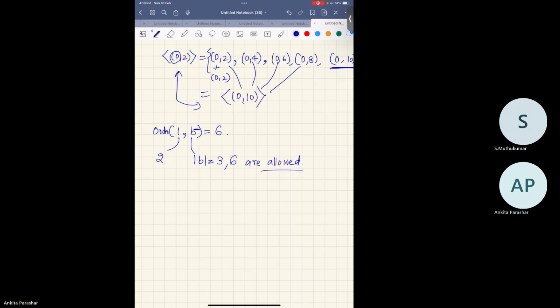So what are the possibilities? 1, order 3 element is 4. That is 4. Anything else?